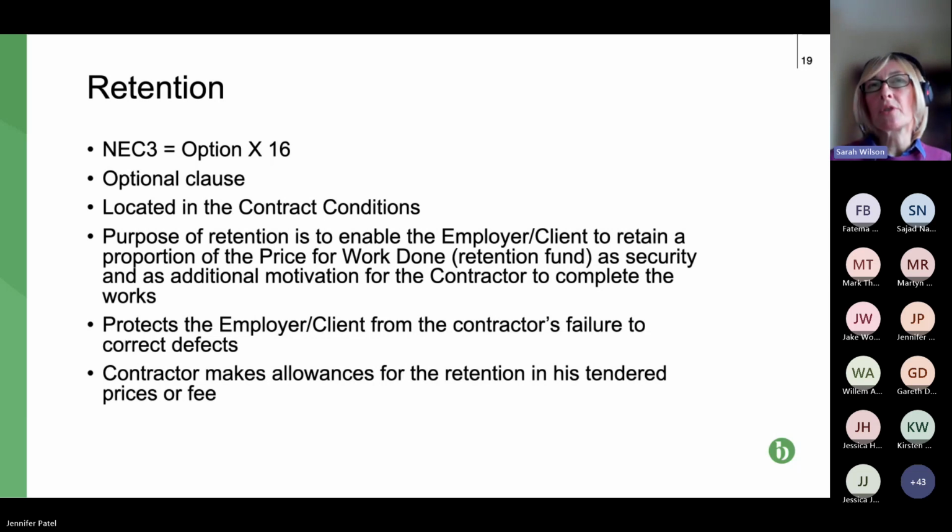And it's often a relatively small amount of money, but makes real inroads into the profitability of a project if you can't recover it.